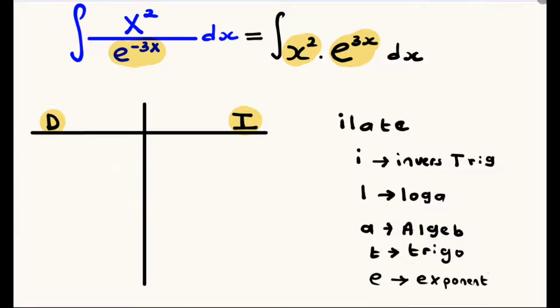The x squared is an algebraic function and is represented by the letter A. The e raised to the power 3x is an exponential function represented by the letter E.